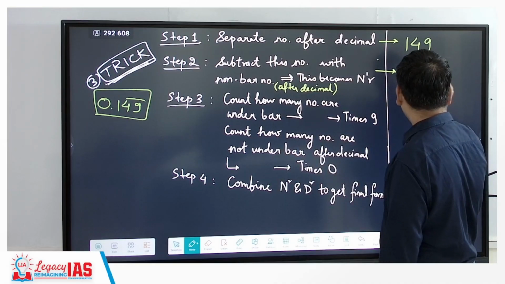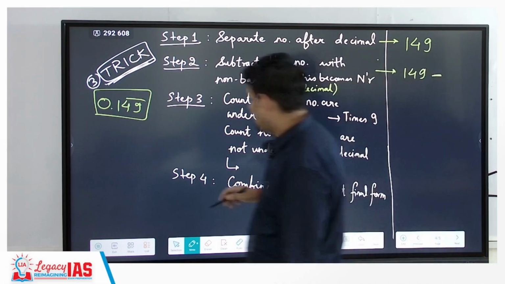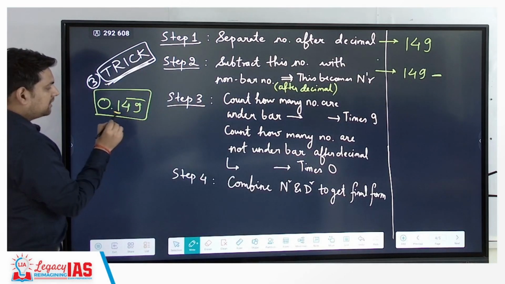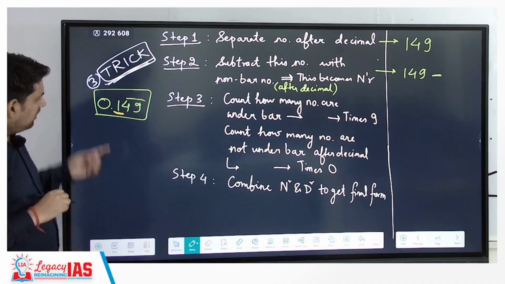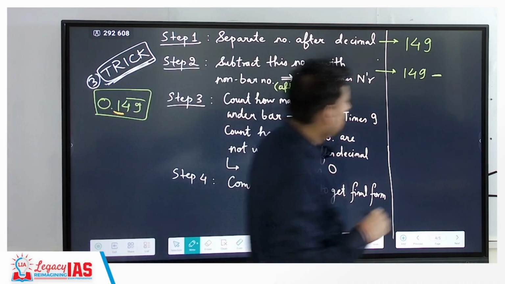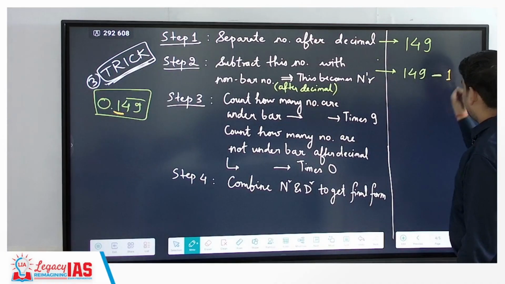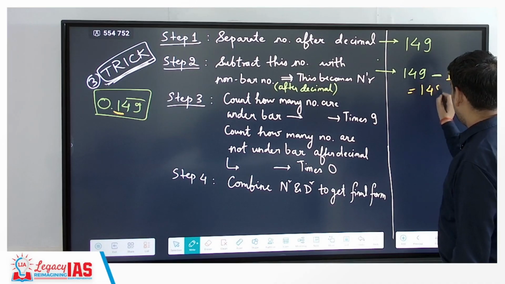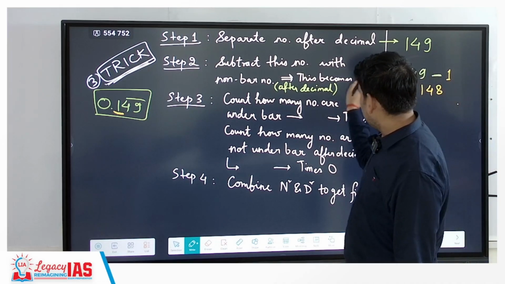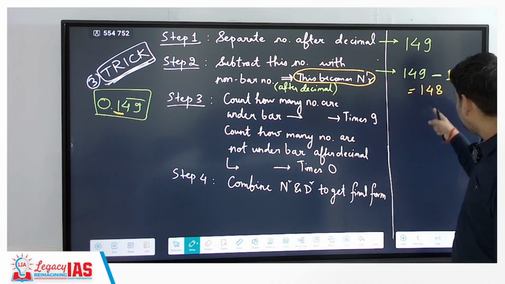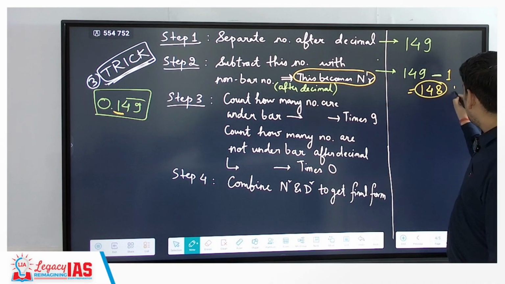Now you subtract what from it? The numbers which do not have a bar over them. So which number after the decimal does not have a bar with it? 1 does not have any bar over it. So you subtract 1 from this. What do you get? You get 148. This becomes our numerator. So in our P by Q form, this one will become what? Our numerator. Correct?